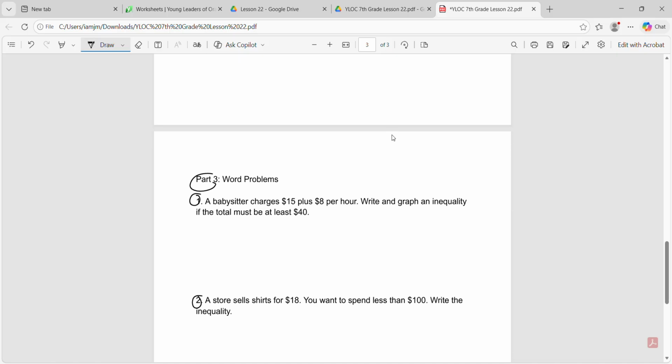Part 3. Number 1. A babysitter charges $15 plus $8 per hour. Write and graph an inequality if the total must be at least $40.